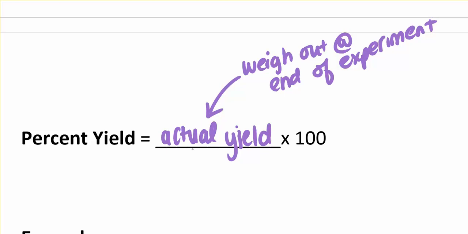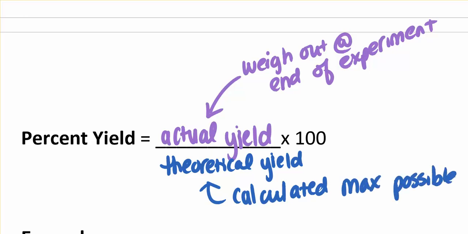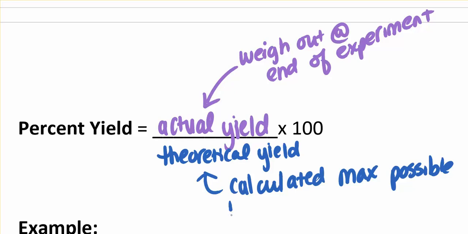And we're going to divide that by a theoretical yield. The theoretical yield is calculated. It's the maximum possible, and it's calculated based on how much of the reactants you used.